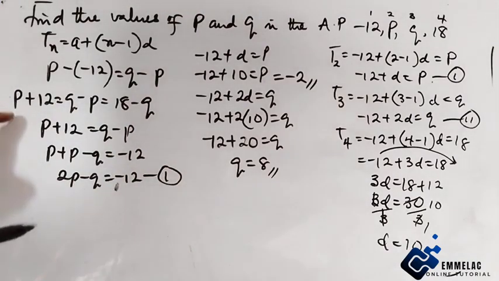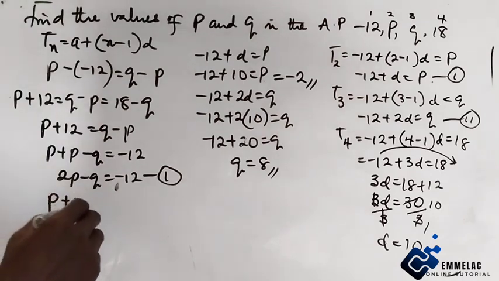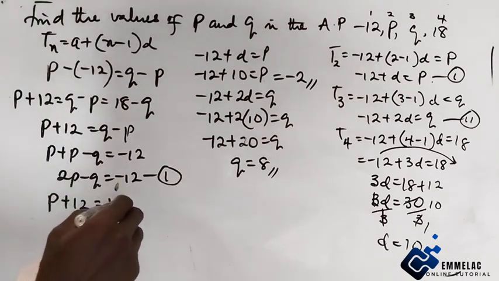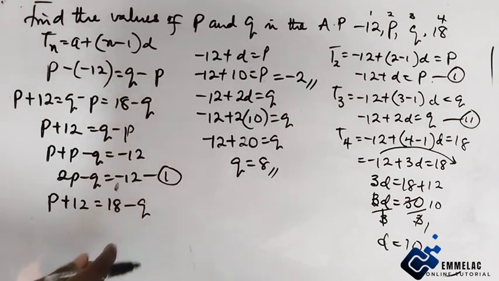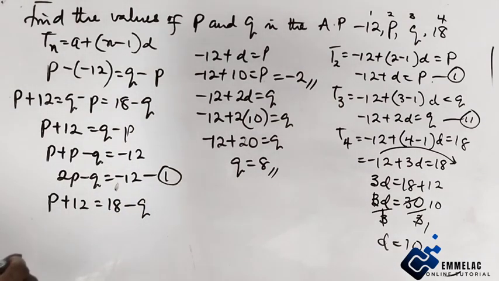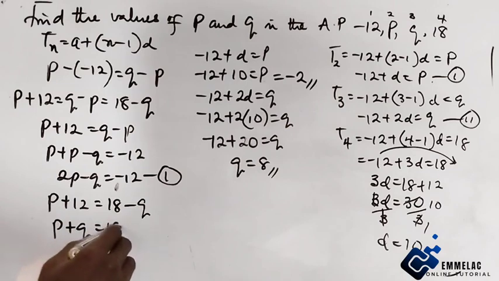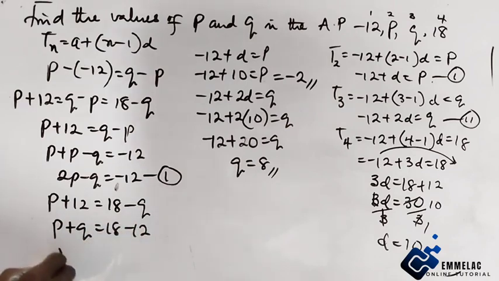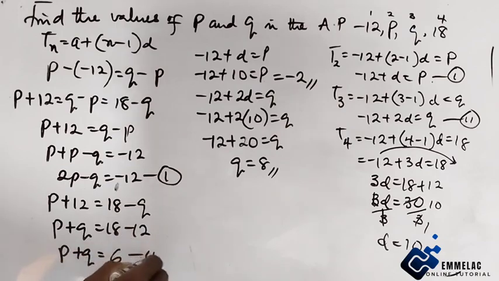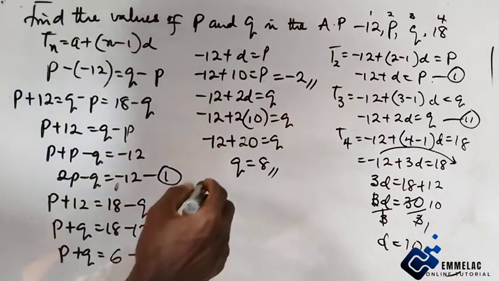Now equating this with this one also, we have that P plus 12 equals 18 minus Q. Collecting like terms here, we have that P plus Q equals 18 minus 12. So P plus Q equals 6. This is equation 2. Now if you have to equate these two, add them together.